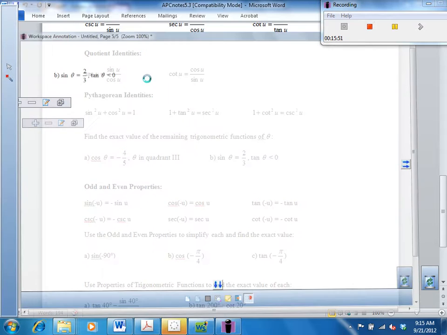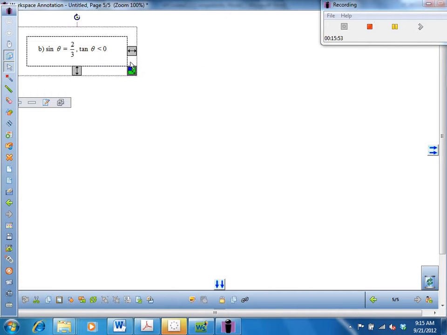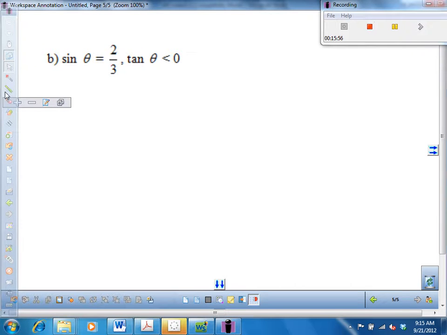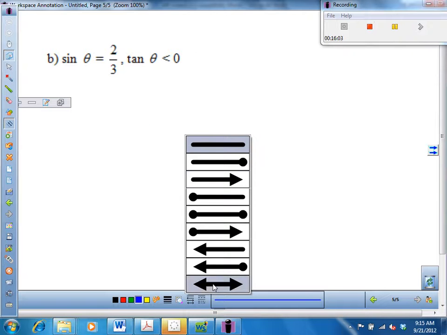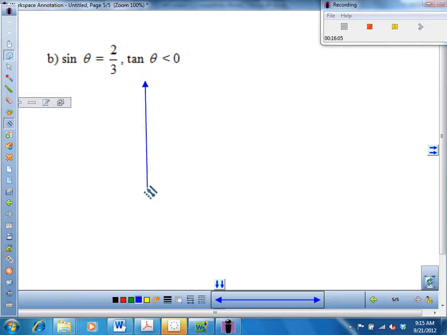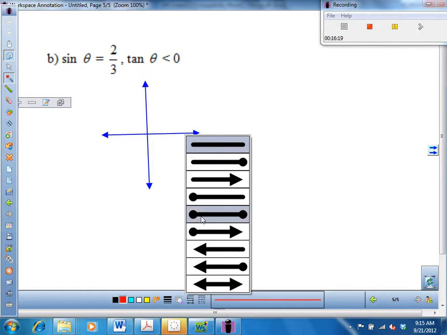With the next one, it's a little more confusing in that they don't give you the specific quadrant, so you have to kind of figure out which quadrant you're in. Okay? And the way you do that is by realizing that sine is positive and tangent is negative. So where is sine positive and tangent negative? Second quadrant. So you're up here in the second quadrant.